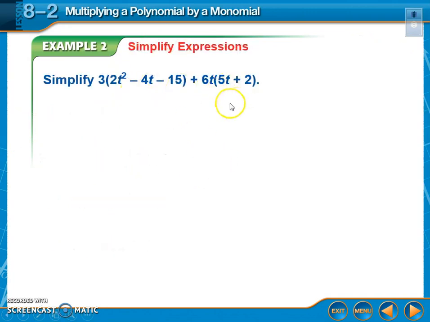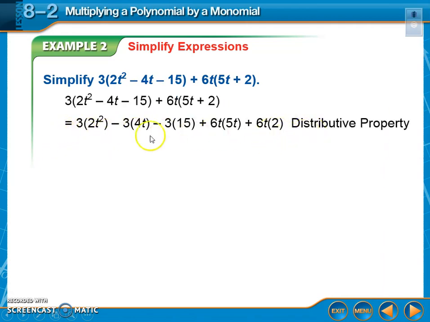Simplify this. Now, what we have to do is we have to multiply this out, and then we're looking for like terms, okay? So, wow, that's a whole lot of mess. That's why I don't rewrite it. It's just too cluttered in my opinion. I like to have this and then go straight into that answer right there. Okay, so we've got it multiplied out.